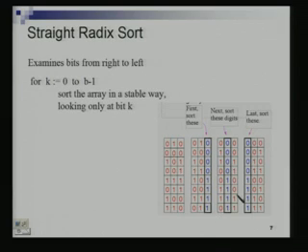Then you sort these numbers based on the second rightmost bit, which corresponds to k equals 1. Then finally, you sort these numbers based on the next bit, and what will happen at the end is that you will have a sorted sequence. As you can see, this is originally non-sorted, and what you have here is a sorted sequence.